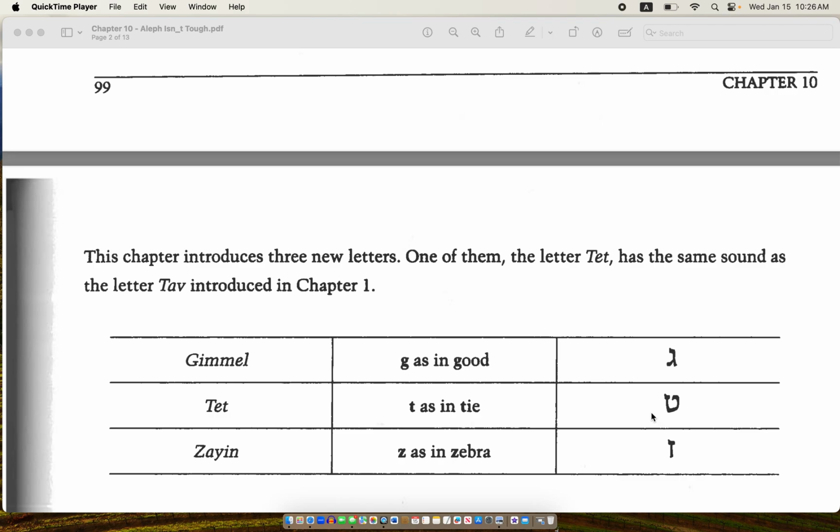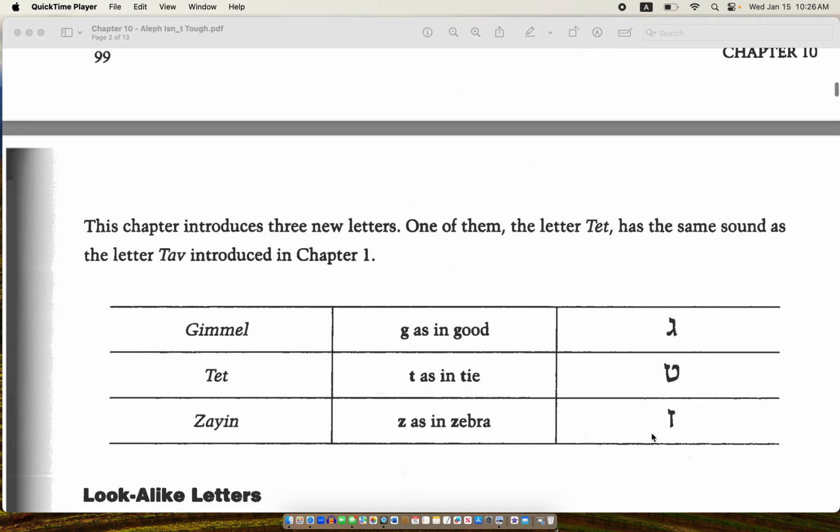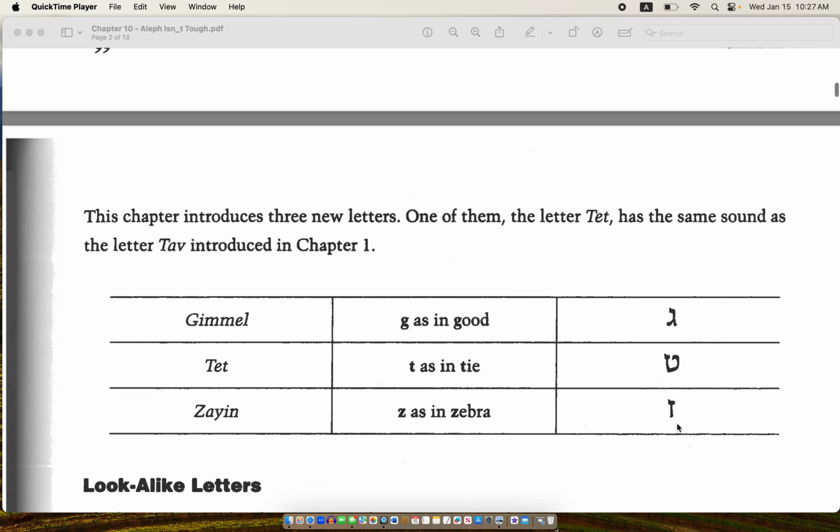Tet is the 9th letter in the Aleph Bet, and then you have Zayin, which is the 6th letter in the Aleph Bet, just like a Z sound. Often people will shy away from a Z, and it might be a tiny little on the edge of a Tzadi, and vice versa. A Tzadi might be on more the edge of Zayin. So really pay attention to those letters when you're pronouncing them.